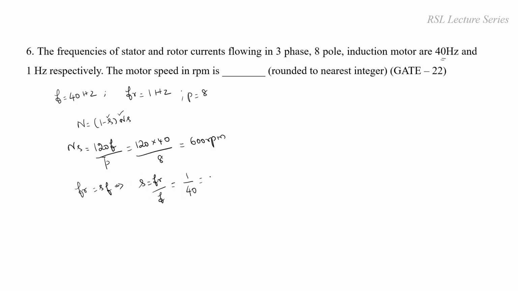This is equal to 0.025. So the speed of the motor is 1 minus 0.025 multiplied by 600. This will be equal to 585 RPM. So this is the answer.